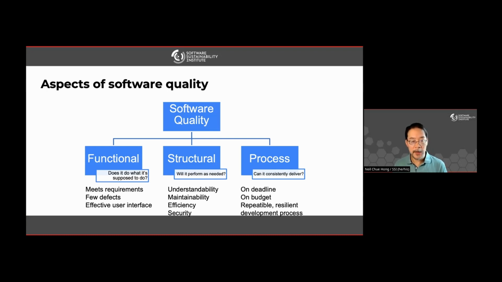And these 3 different aspects work together. You could have software which does everything it's supposed to do, meets all of the requirements, but is very hard to maintain, is insecure, and cannot be delivered on time. You might have software which has a brilliant development process that follows all of the best practice, but doesn't do what it's supposed to do. So for software to be of high quality, it really needs to address each of these three different aspects.